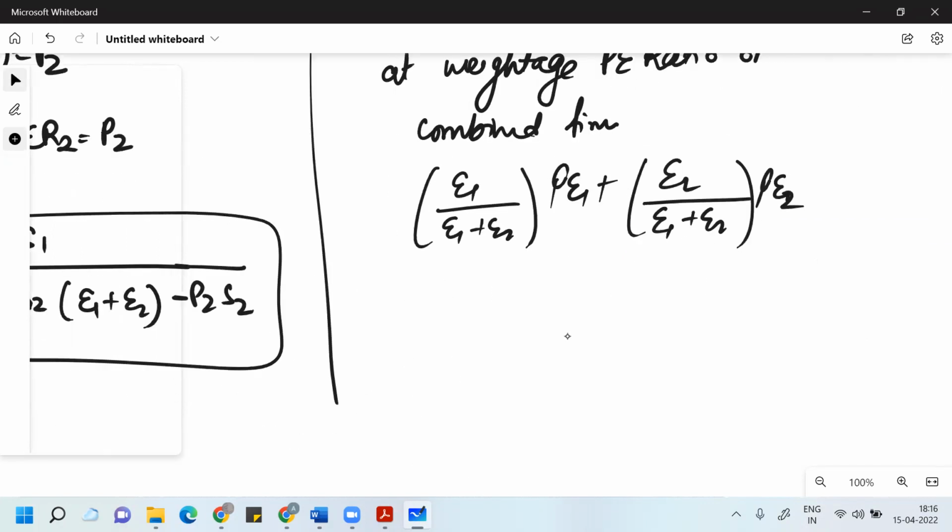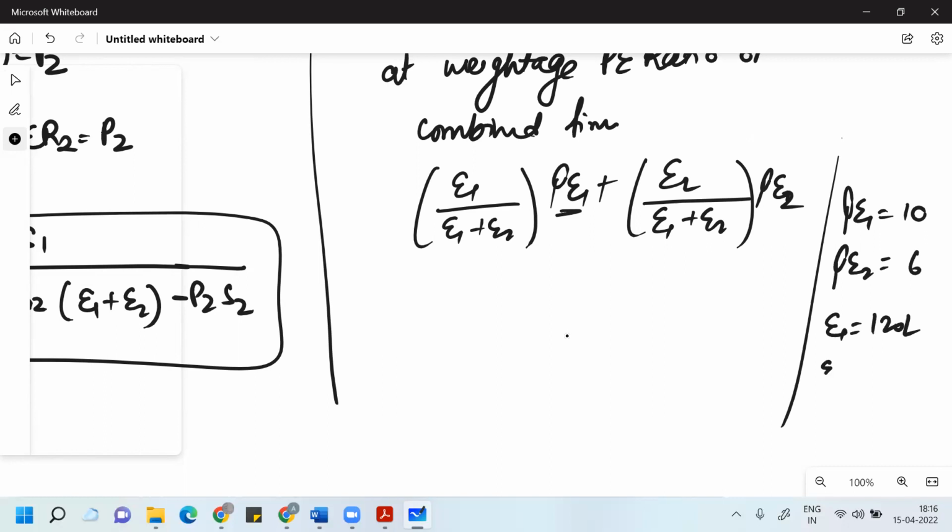So you just use the formula. P1, P2, that is already given, I think, in the question paper. PE1 is 10, and PE2 is 6. And E1 I think is 120 lakh, and E2, E1 is 360 lakh, and E2 is 120 lakh, if I'm not wrong.